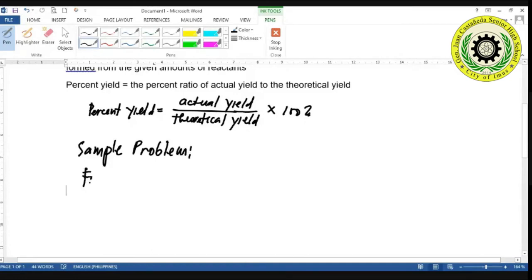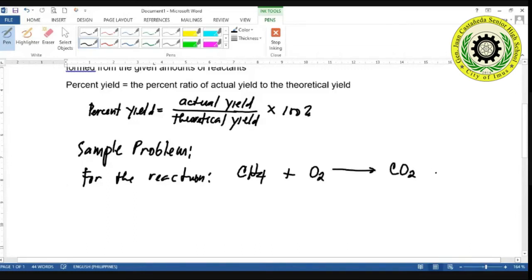If, let's say for the reaction, ang reaction po natin ay CH4 react with oxygen gas, yields carbon dioxide and water.